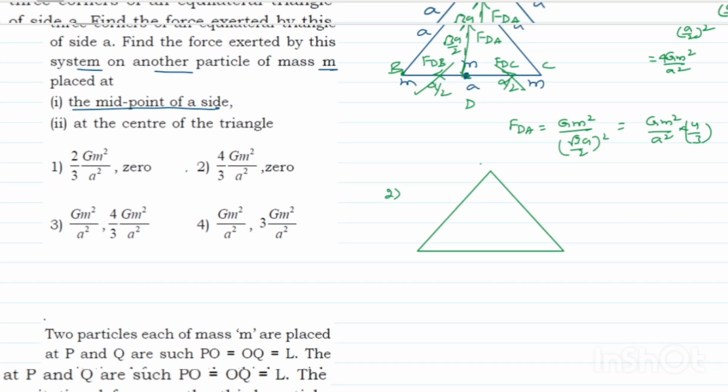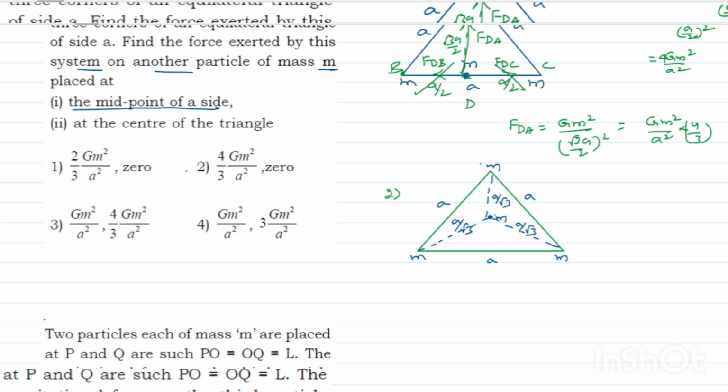This is small m, and this is m, and this is m, and here you are keeping m at the center. So the distance from any vertex, if the side is given as A, will be A by root 3, and from here to here also A by root 3, and from here to here also A by root 3.